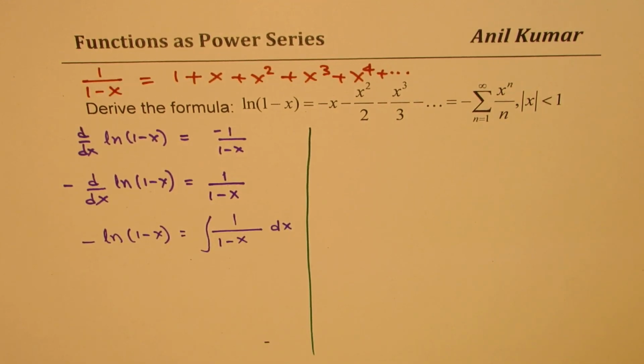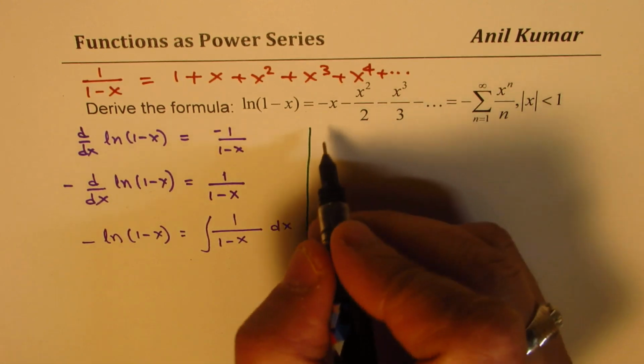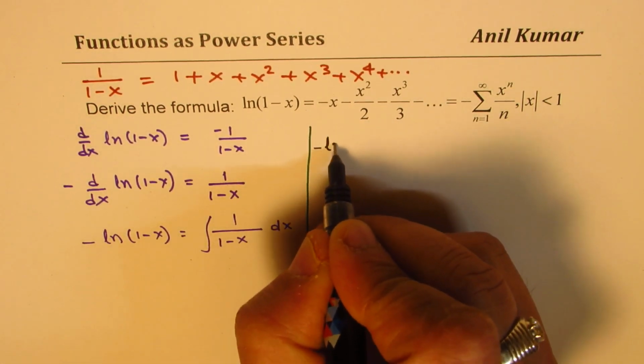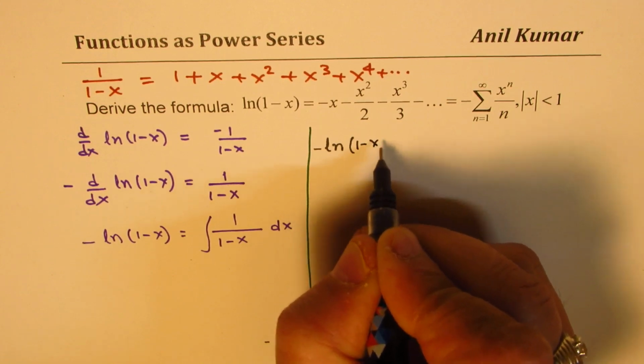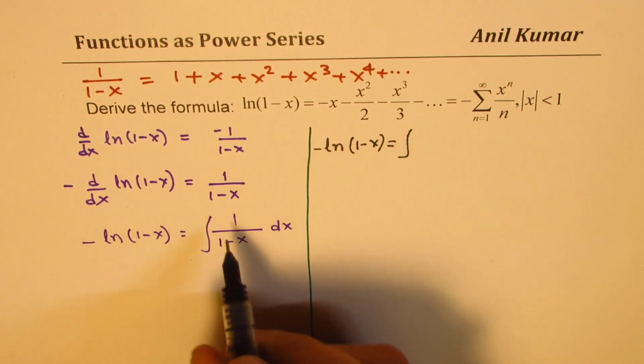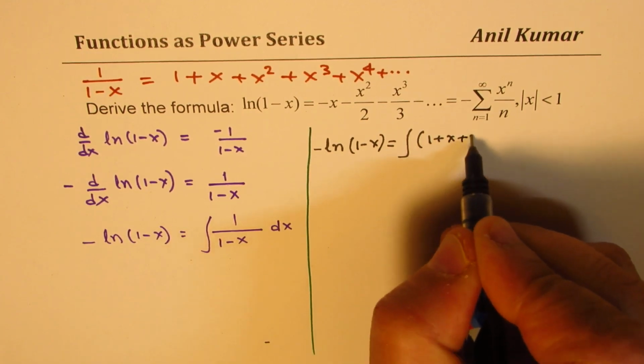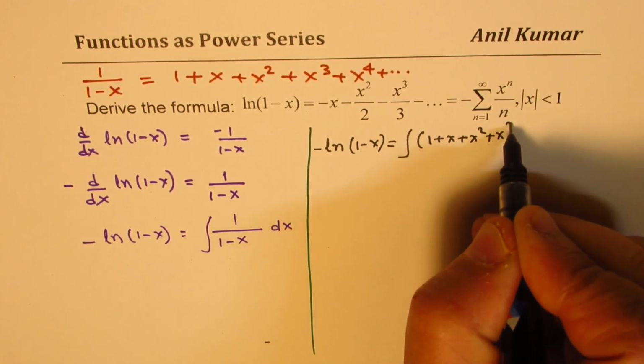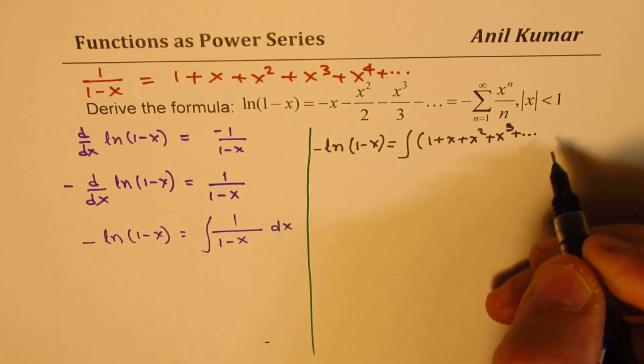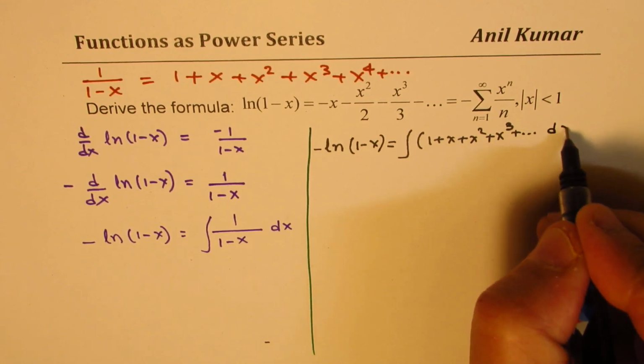So let's integrate and try to solve it. So what we have now here is minus ln(1 minus x) equal to the integral of, let me write this as the power series, 1 plus x plus x squared plus x cubed plus so on, dx.